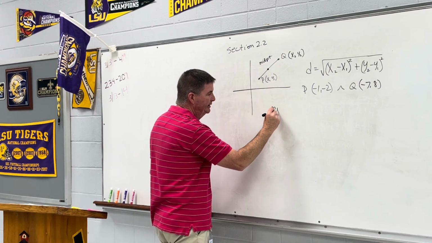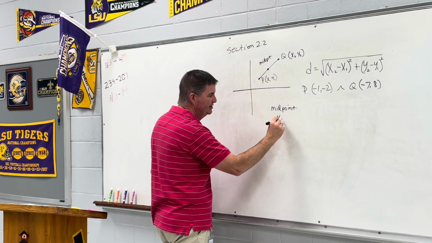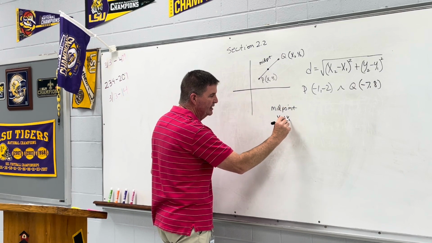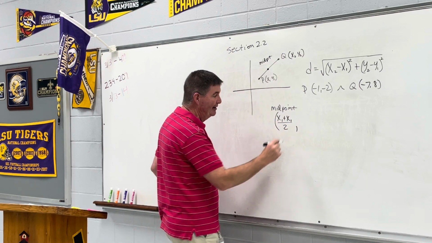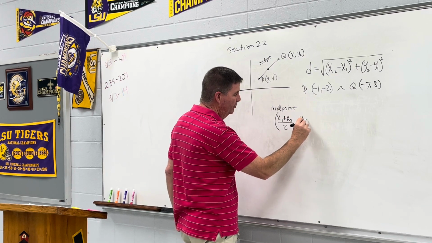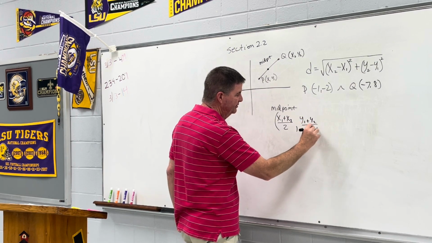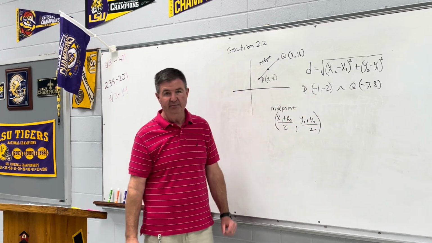So the midpoint formula is the average of the x's, which is x2 plus x1 over 2, comma, the average of the y's, y1 plus y2 over 2. So all we do now is we just add the numbers and divide by 2.